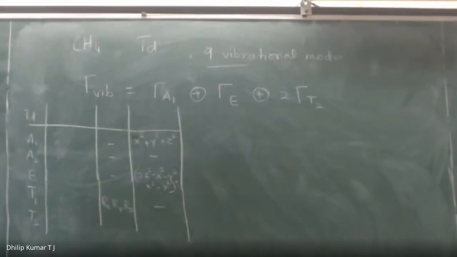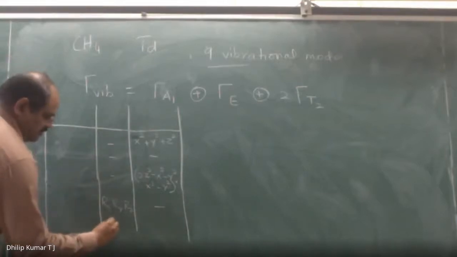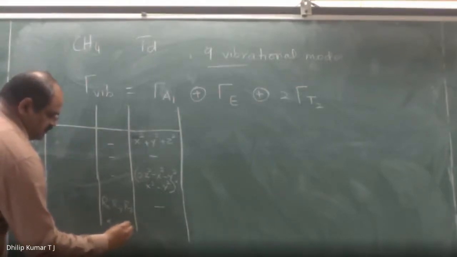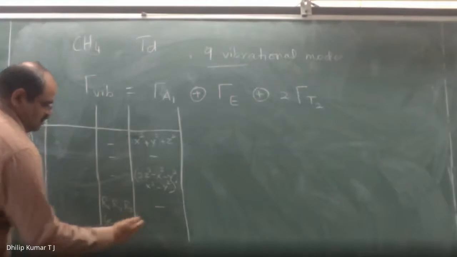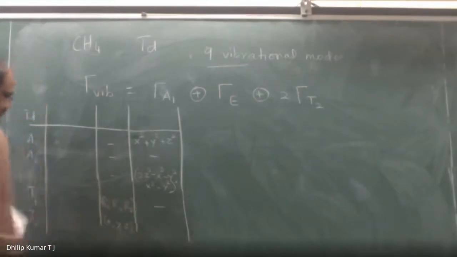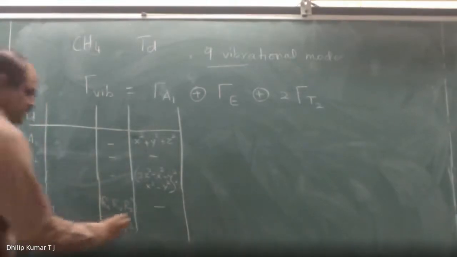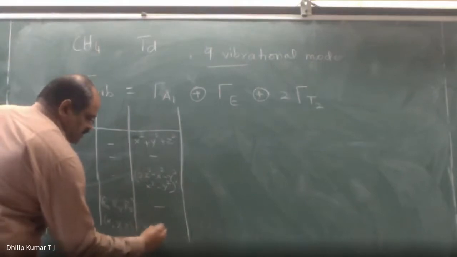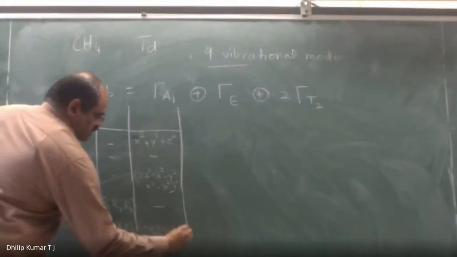And then T2 will be XYZ, and this one is XY, YZ, ZX.